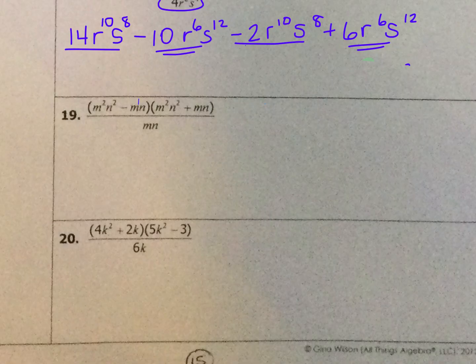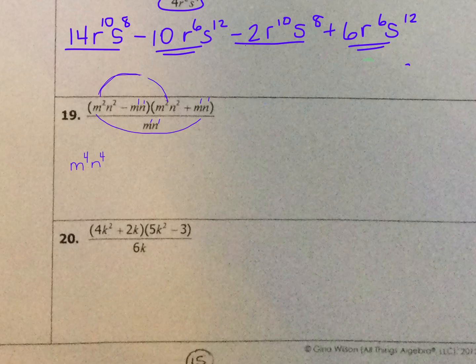All right, we're going to do some distributing in here. I'm going to add some ones to help myself out. So there's no big ones to distribute to do FOIL with, so I'm just going to say M and N, 2 plus 2 is 4, 2 plus 2 is 4.